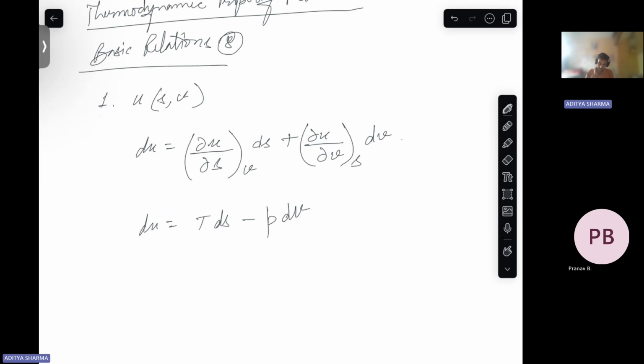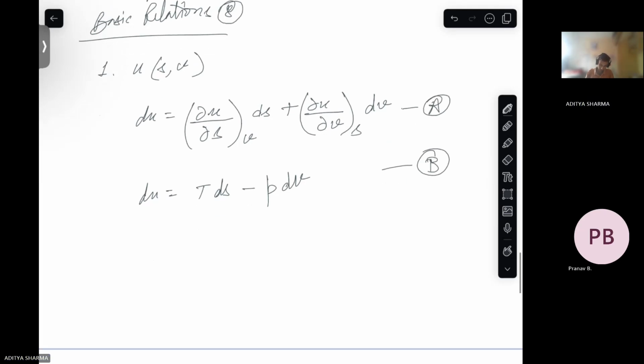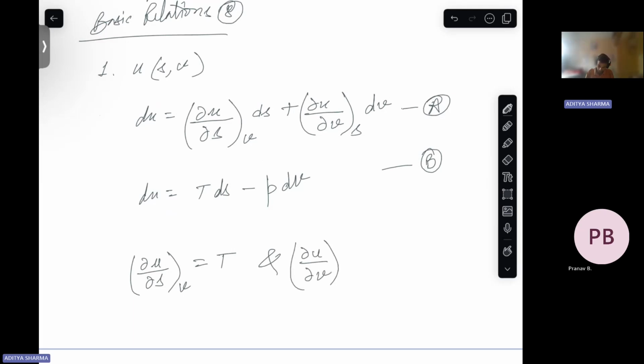In that case, if we compare these two, what do we get? Dou U by dou S at constant V equals T, and dou U by dou V at constant S equals minus P, right?